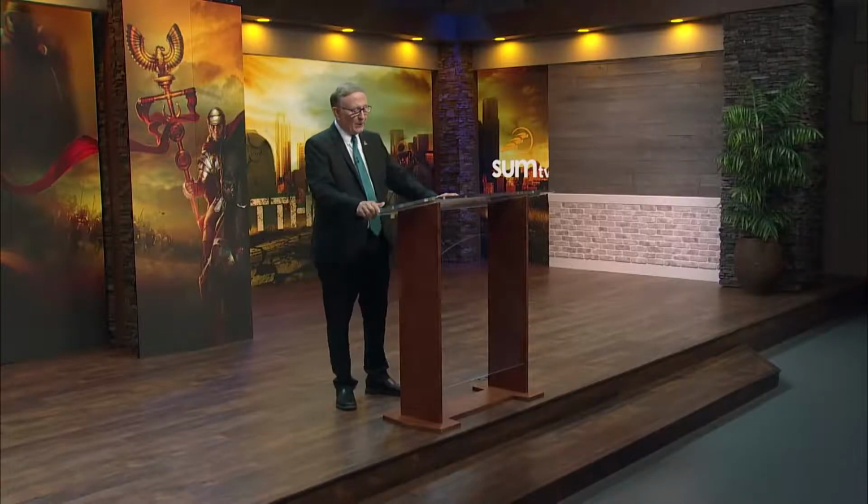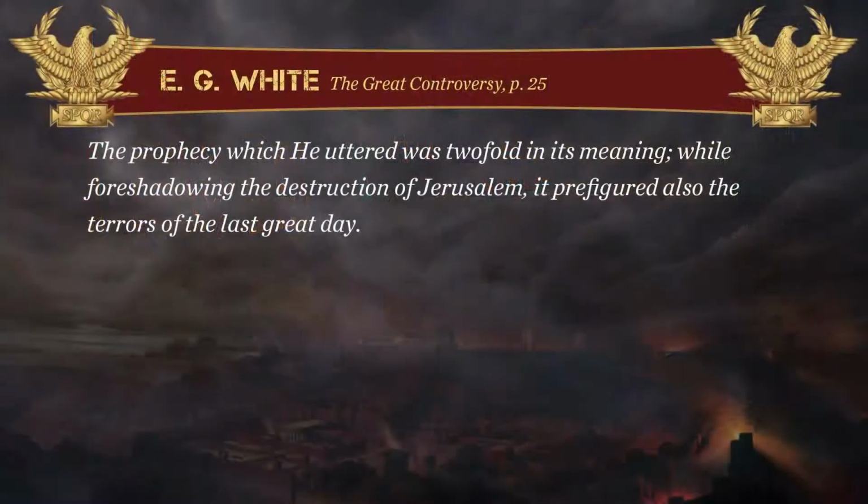The prophecy which he uttered was twofold in its meaning. While foreshadowing the destruction of Jerusalem, it prefigured also the terrors of the last great day. So notice, it had a twofold meaning. The destruction of Jerusalem prefigured the terrors of the last great day.